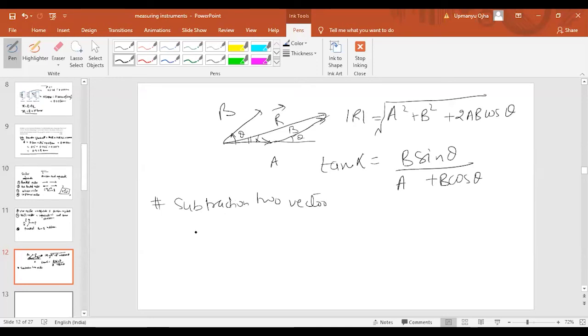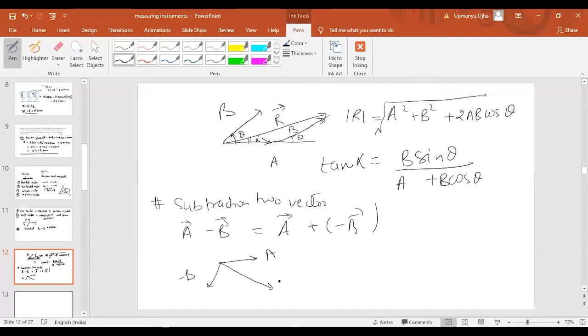If two vectors are given to you, a vector minus b vector, we can write it as a vector plus or minus of b vector.